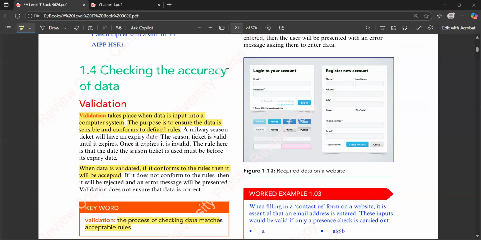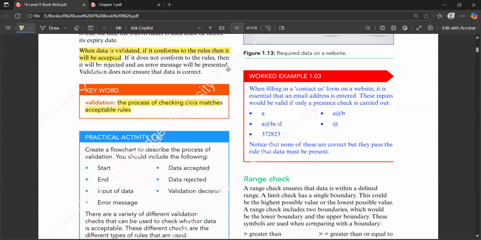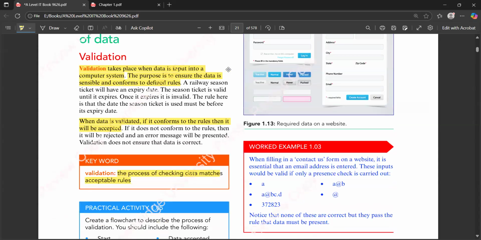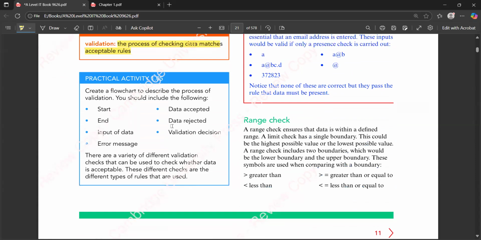If it does not conform to the rules, then it will be rejected and an error message will be presented. Validation does not ensure that your data is correct. If your validation is matching, it will say that your data is accurate. But if there is some problem, it will output that your data is not correct and is insensible.